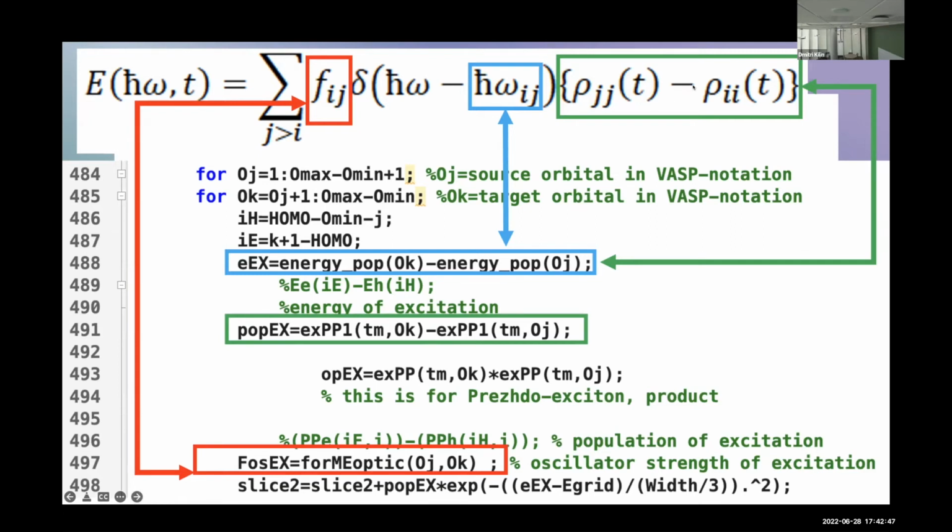If the subtraction is positive, it means we observe population inversion. If it is negative, well, we already arranged the summation in such a way that it will not be negative. We count only the possible contributions. So this little bracket is population inversion.